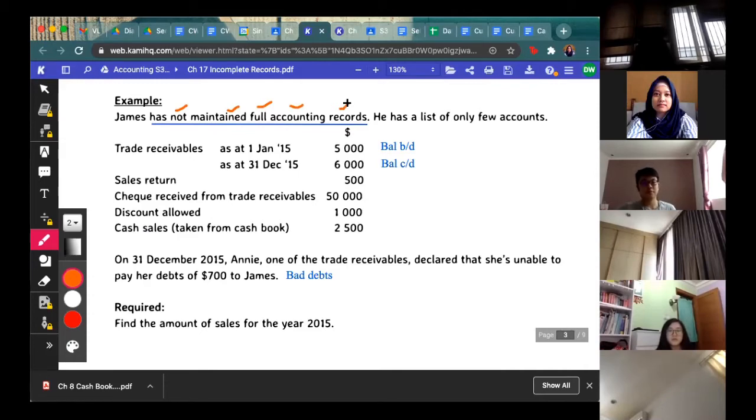So you must remember everything that we have learned in this chapter, because every formula will be used in this question. He has a list of only a few accounts: trade receivables at 1 January and 31 December.